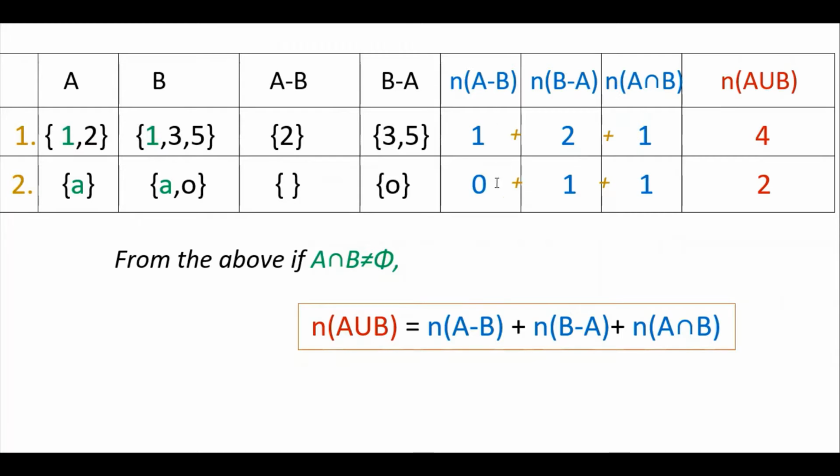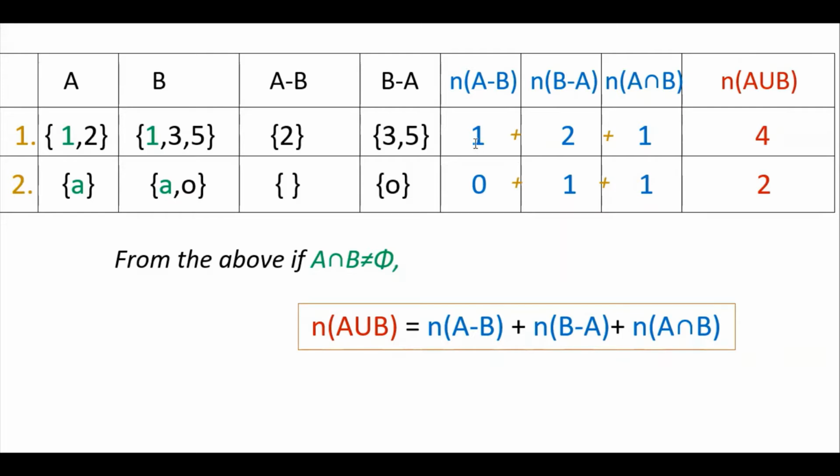Here n(A minus B) has no elements, because you have to exclude the common elements, and B minus A is only 0. So n(A minus B) is 0, n(B minus A) is 1, n(A intersection B) is only one element, the common element 1, and n(A union B) is 1, 2, 3, 5, 4 elements, and here 2.